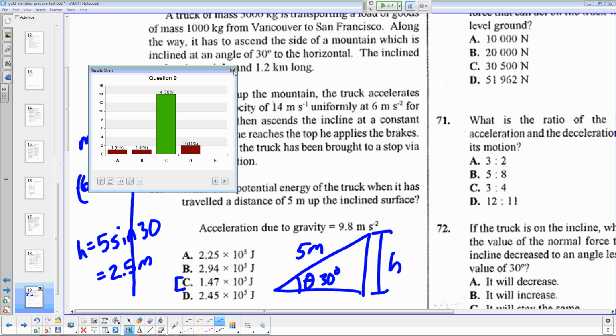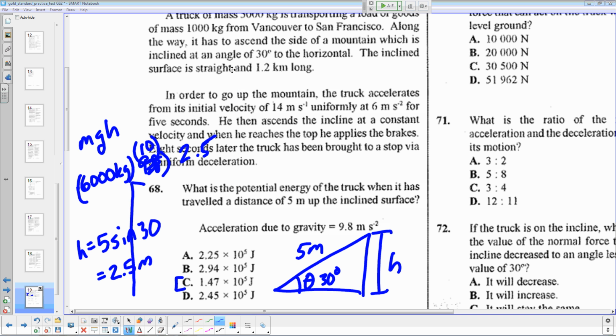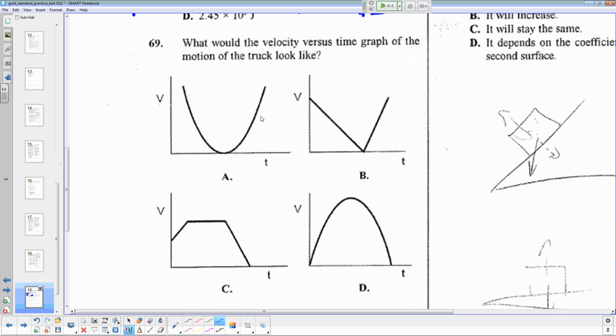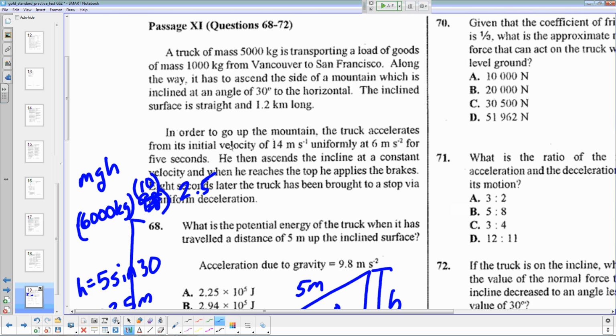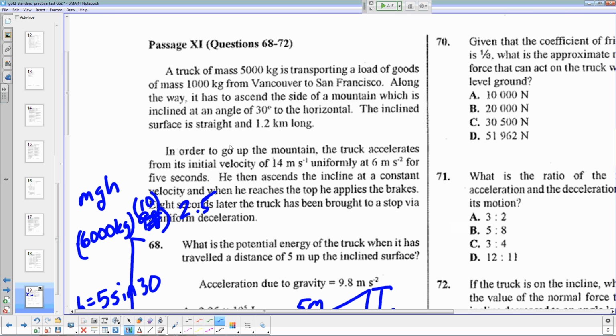Okay, let's do a couple more of these. This is a nice problem because it combines several different things. Look at these graphs. We want to know what the velocity versus time graph looks like for this truck.